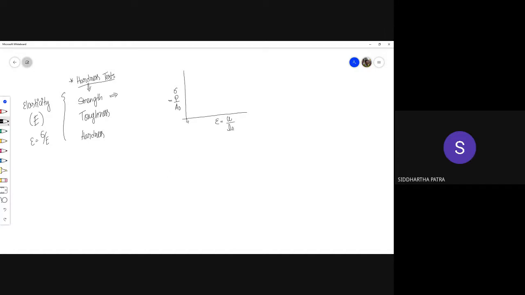And for a ductile material, this is what the stress strain diagram looks like. And the ductility of the material is measured in terms of the maximum strain that it can be elongated to before having a fracture.